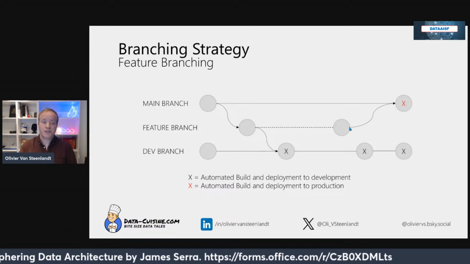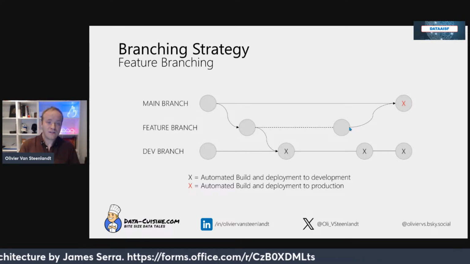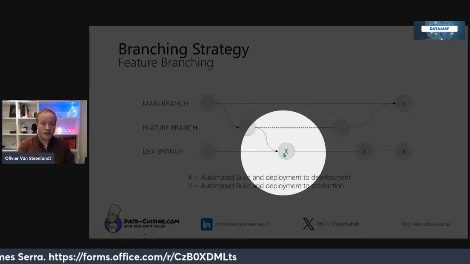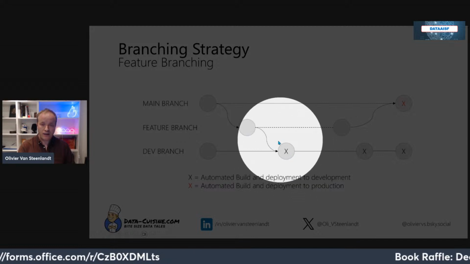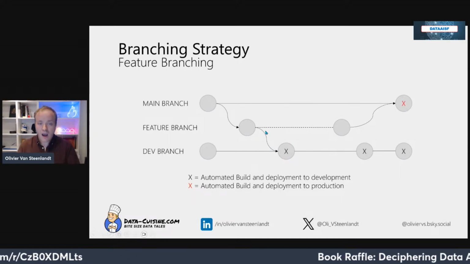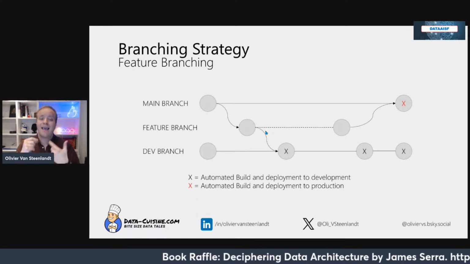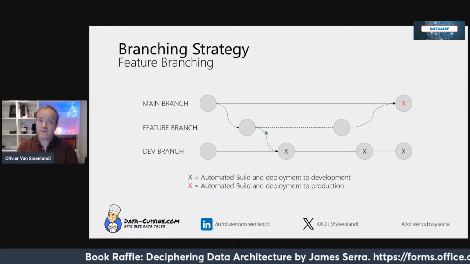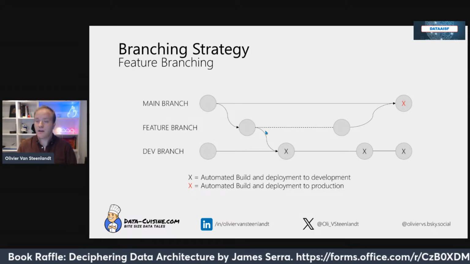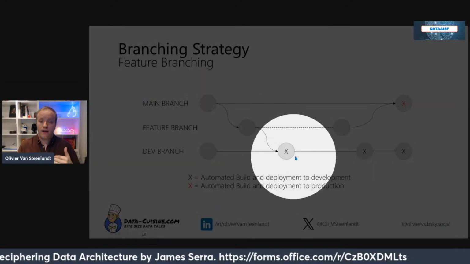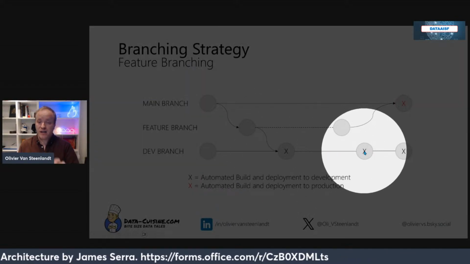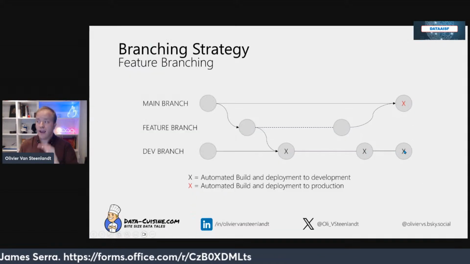What I actually want to achieve is, well, as soon as I get a change into my development branch, as you can see right here, I want to trigger my pipeline to build my database project and deploy it to my development environment. And every single time that a merge to my development branch happens, I actually want to execute that.